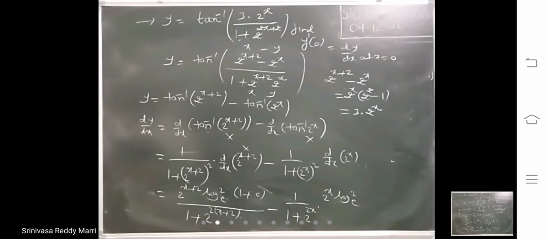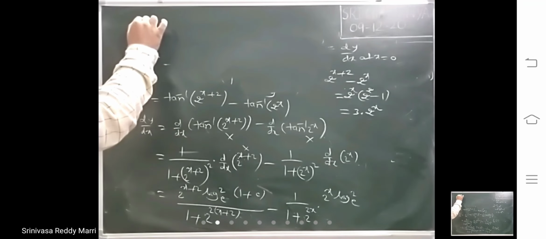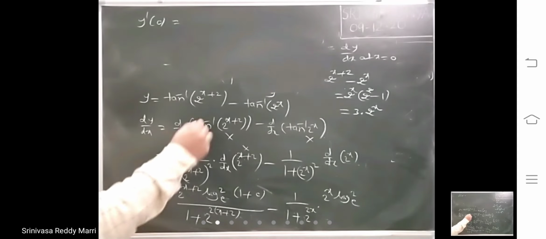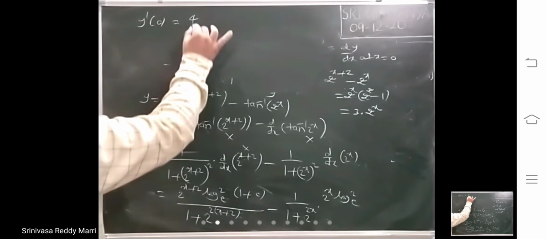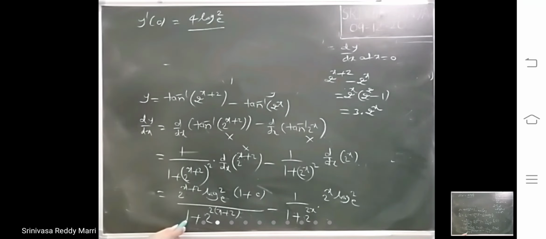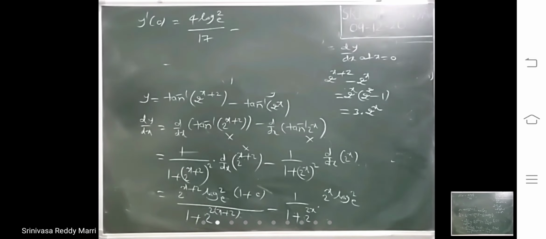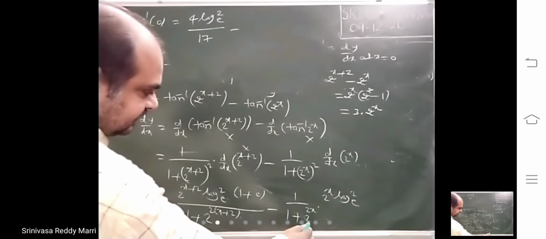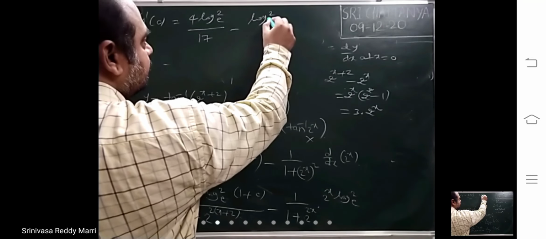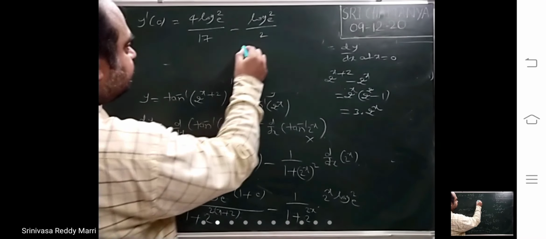He is asking y dash 0, which is just x equal to 0. Substituting x equal to 0, you will get 4 log 2 to the base e divided by 1 plus 2 power 4, that is 16 plus 1, 17, minus log 2 to the base e divided by 1 plus 1, 2.